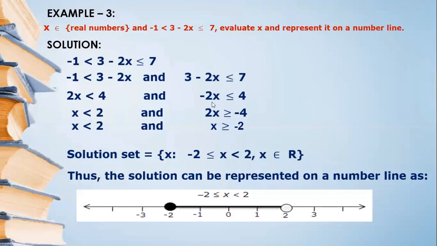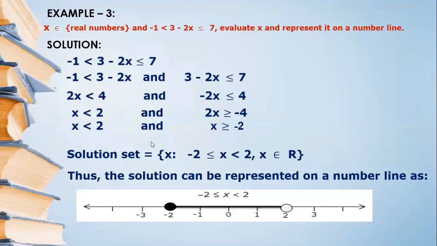Now we need the value of x, so we will make this 2x positive. On changing the sign on both sides, the inequality sign will reverse. So 2x greater than or equal to minus 4, which will give x is greater than or equal to minus 2. So now two conditions we have got.